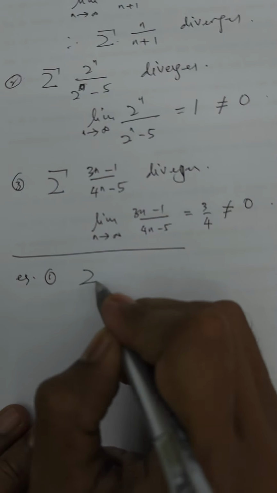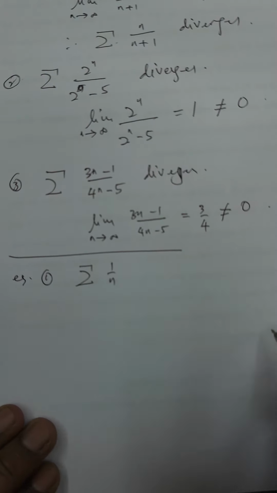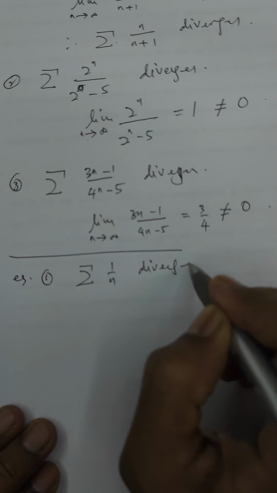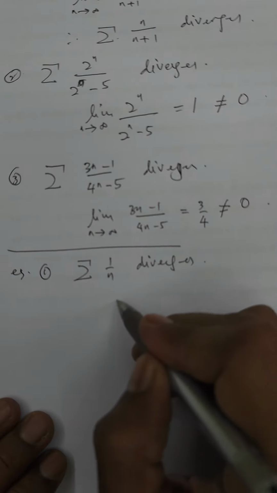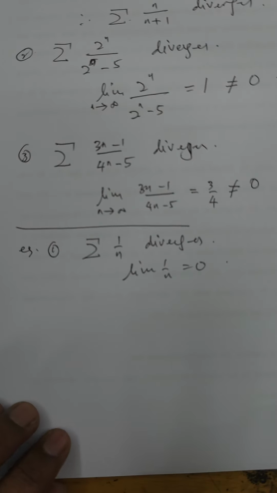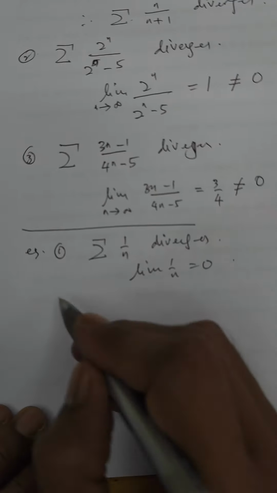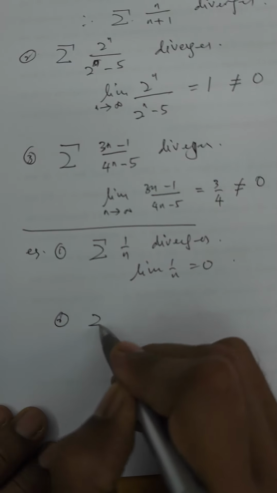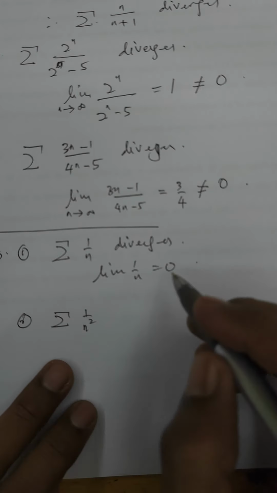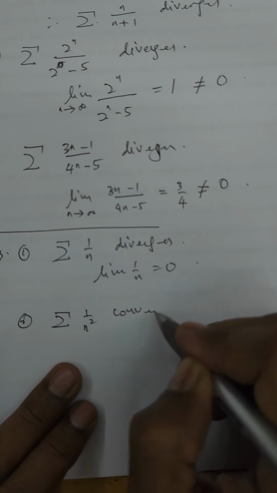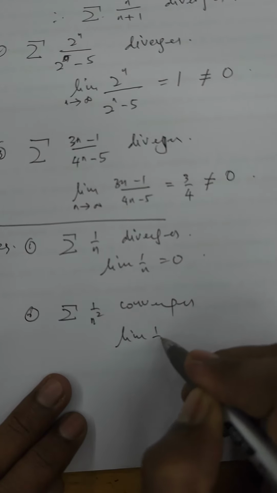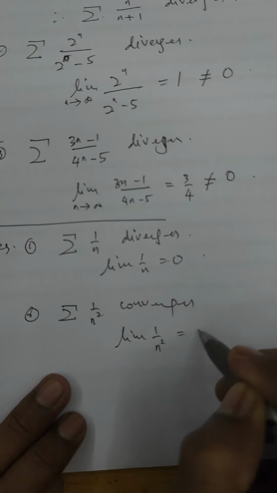We have seen that for that series we know it diverges, but the limit of 1 over n is 0. If you look at the other series, let's say 1 over n squared, this series converges, and if you take the limit of 1 over n squared, this gives you 0.